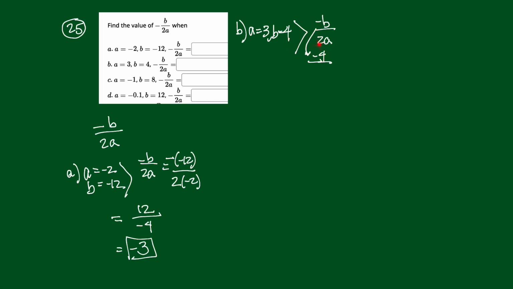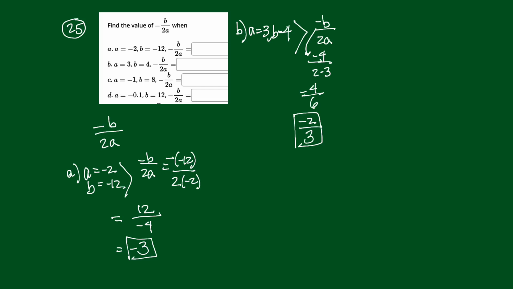Now, bottom, 2 times a, which is 3. So 2 times 3, and you're going to get negative 4 over 6. Now this thing happens to reduce. 2 will divide each of those. If I divide the top by 2, I'll get negative 2, bottom by 2, I'll get 3. So negative 2/3.